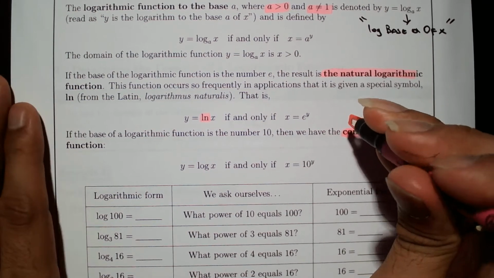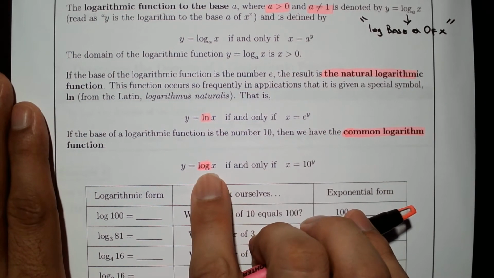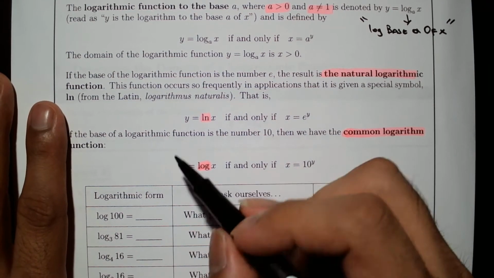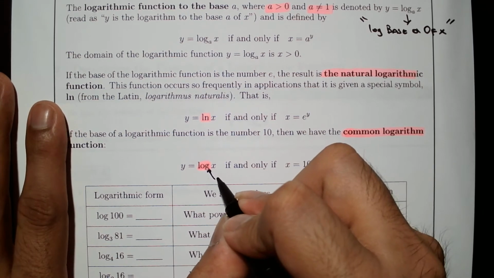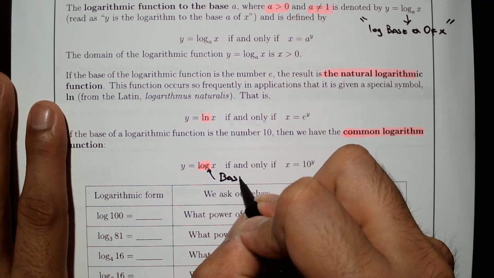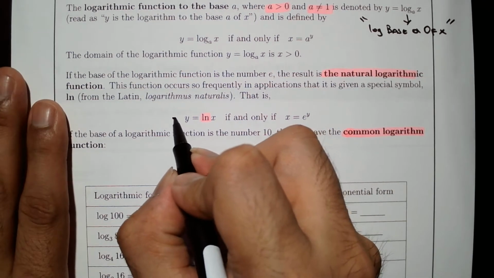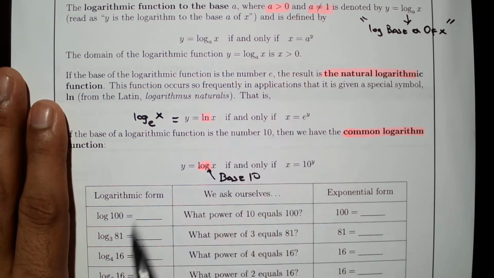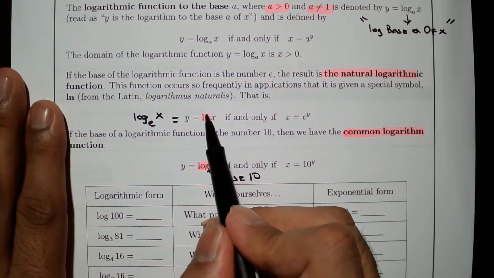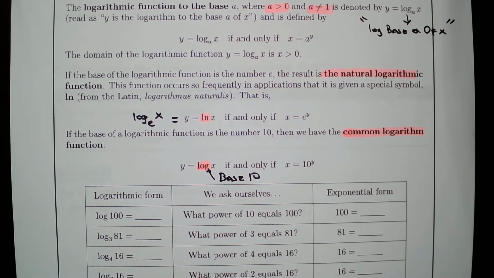You will know it's a common logarithm if you just see the word log. In other words, we don't have any subscript here. So when we don't have a subscript, this is understood to be base 10. Another way to express the natural log is by saying log base e of x, but this is not very commonly used. The one that we use is the ln form. Okay, but what are they? How do we work with them?